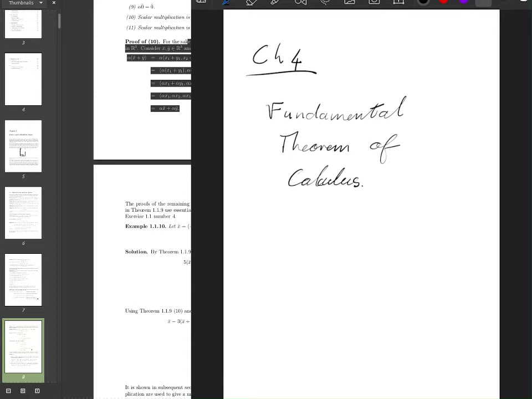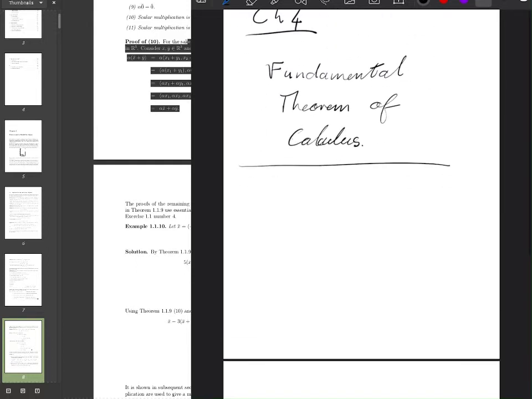The integral is just the reverse of the derivative. So these two operations are inverses of each other. And the fundamental theorem of calculus will make rigorous what we mean by that. And this we will see later.